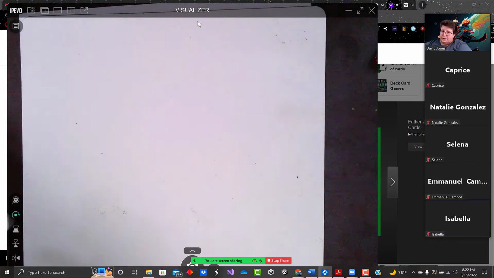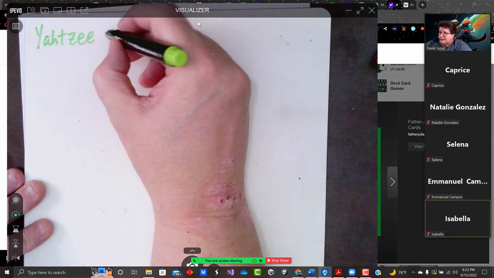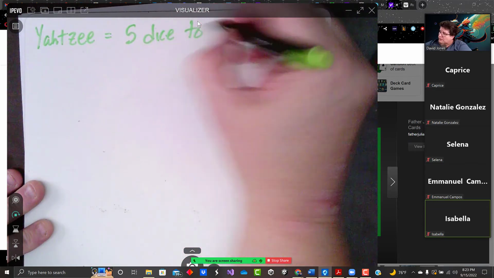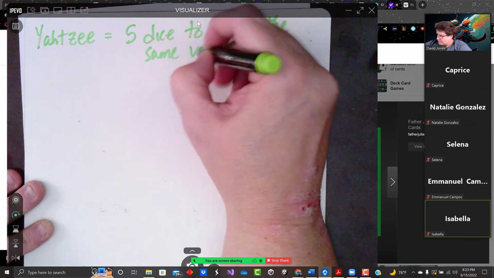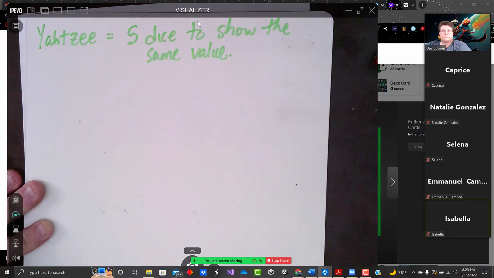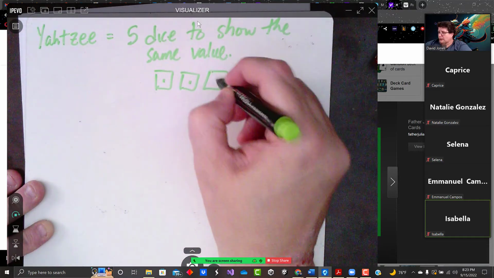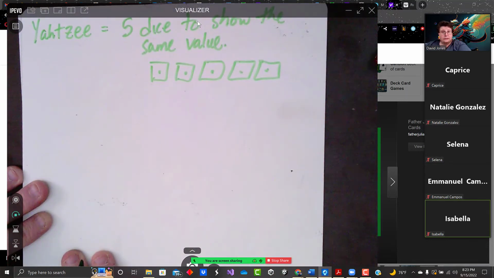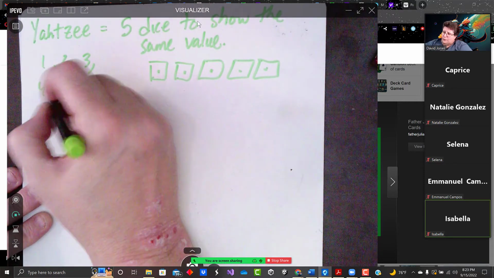The game of Yahtzee, just as a reminder, or if you have not played, rolling a Yahtzee is getting 5 dice to show the same value. So like 1, 1, 1, 1, and 1. We can do this with 1s, 2s, 3s, 4s, 5s, or 6s.